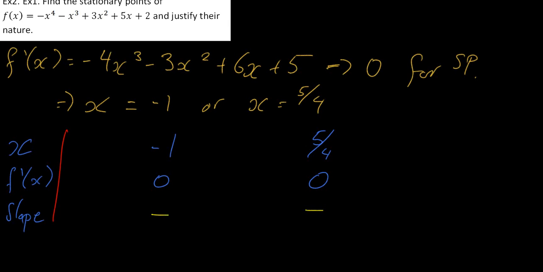Now we want to sub in some values of x on either side of both of these stationary points. On the left of -1, you can have -2. On the right, maybe 0. This also acts as the left side of 5/4. So we just need the right side of 5/4. This is approximately, it's a bit more than 1, so let's go with something like 2.